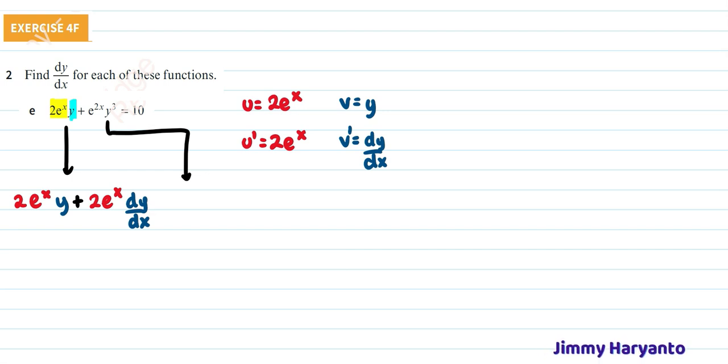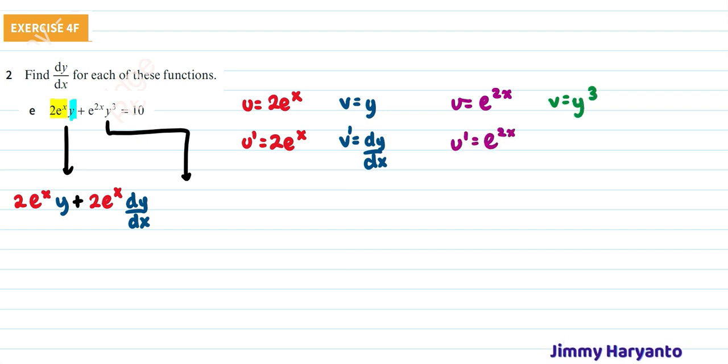I will take u equals to e to the power of 2x, and then the v equals to y to the power of 3. That means u prime equals to e to the power of 2x times 2, and for the v prime is 3y squared dy over dx.